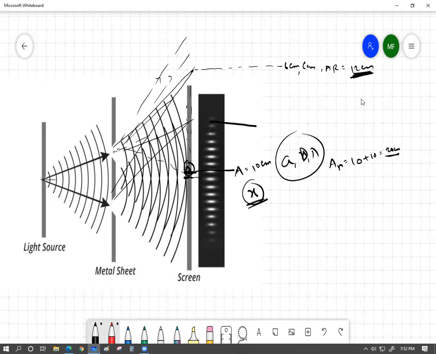However, for the minimum positions, let's say at the first minimum position, the two amplitudes are still 10 centimeter and 10 centimeter, but because they are merging at opposite phase, they practically cancel out each other. So the total resultant amplitude is 0 centimeter. That's what is happening close to the central maxima.